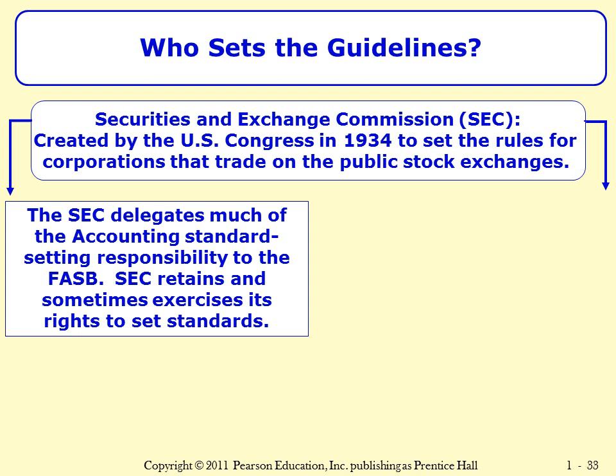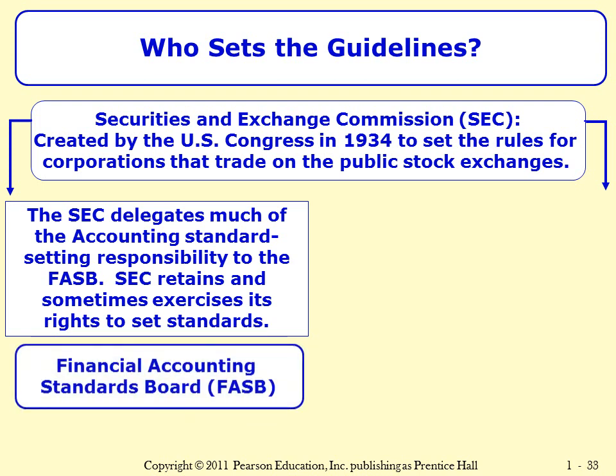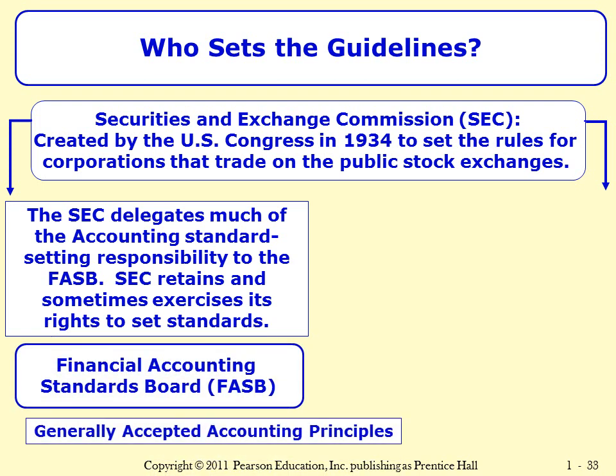The SEC delegates much of the accounting standard setting responsibilities to the FASB, Financial Accounting Standards Board. SEC retains and sometimes exercises its right to set standards. The standards written by FASB are called Generally Accepted Accounting Principles, which you will very often see abbreviated as GAAP, with a double A.